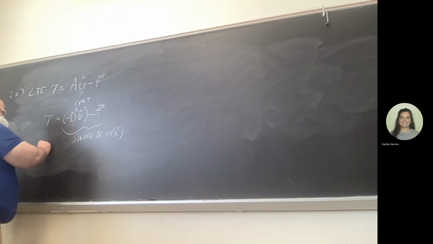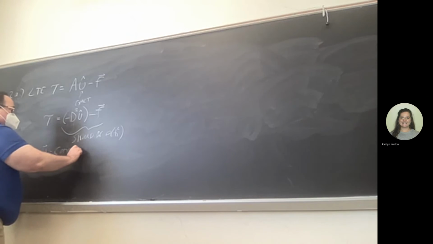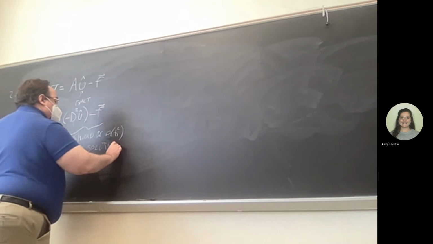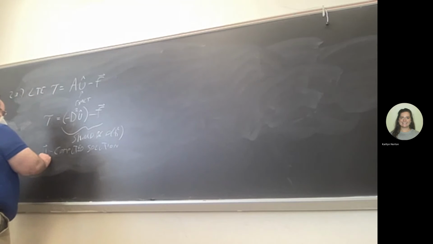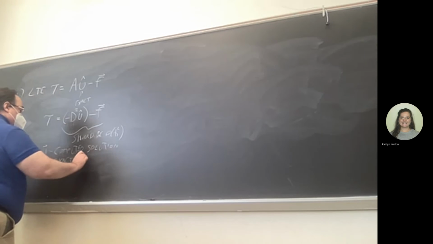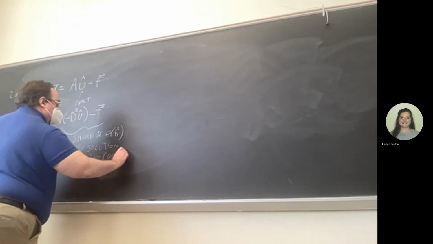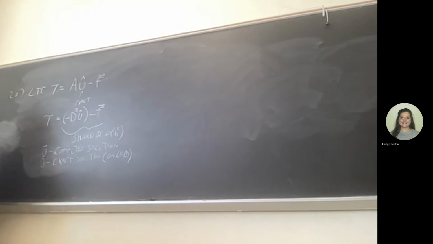So if U with an ordinary vector symbol is your computed solution, U hat represents the exact solution but evaluated at the grid points.